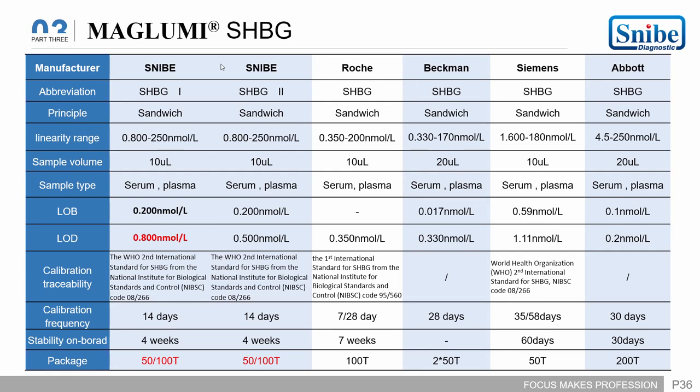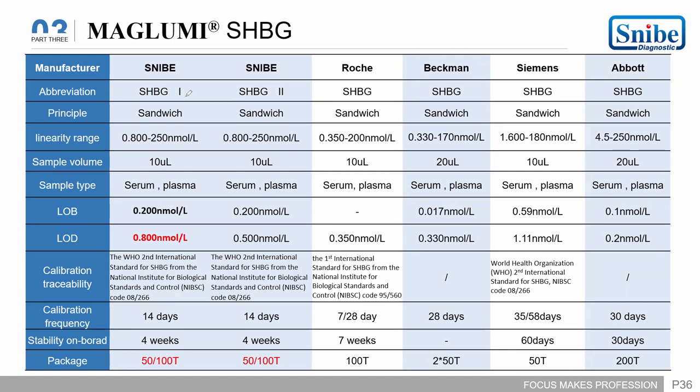So if we compare SNIBE versus other competitors like Roche, Beckman, Siemens, and Abbott, they also have a sex hormone binding globulin assay on their instrument platforms.